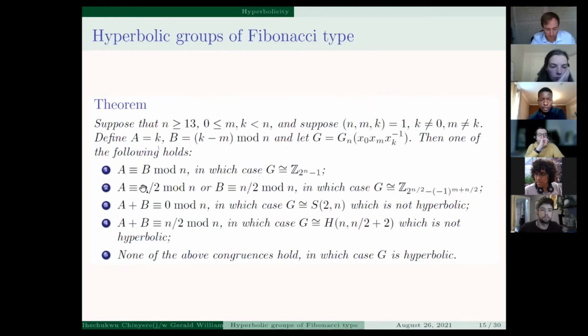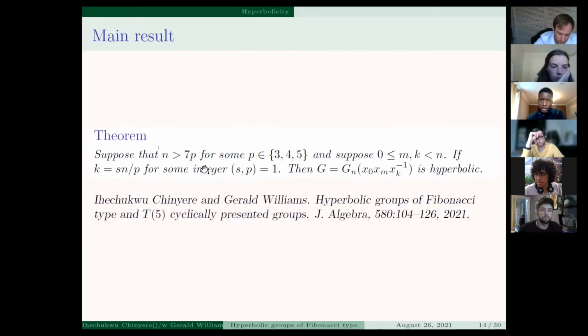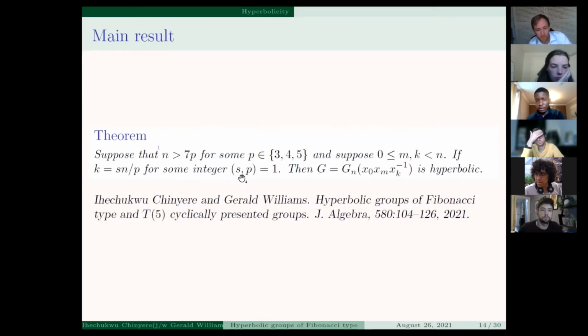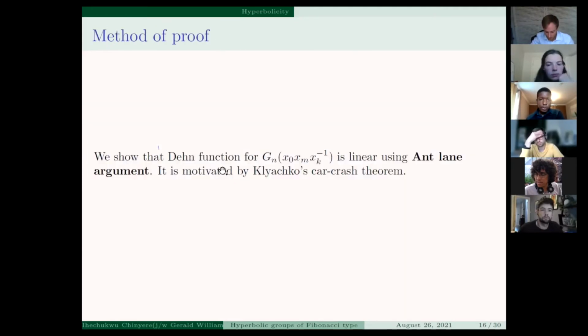So the last theorem I mentioned here was the only ingredient left to get this classification. So what I'm going to tell you now is the ideas that go into this proof. The way we do this is to show that the function is linear, and we're using something called an ant-lane argument.